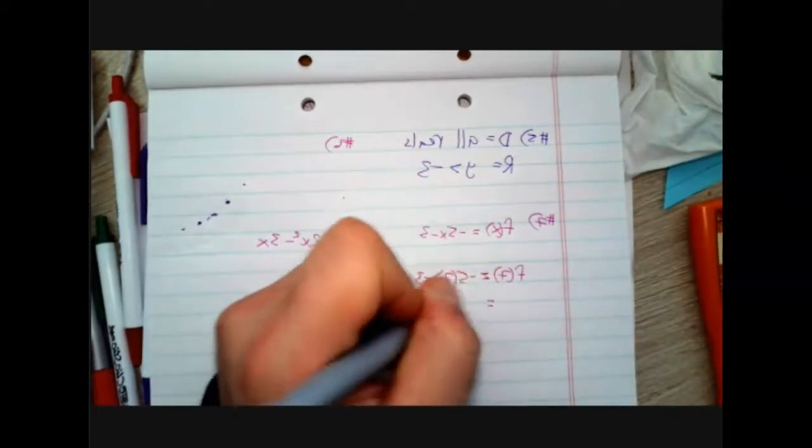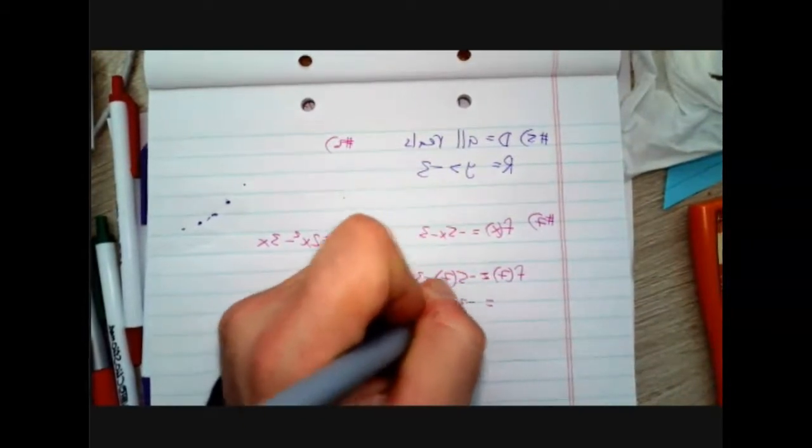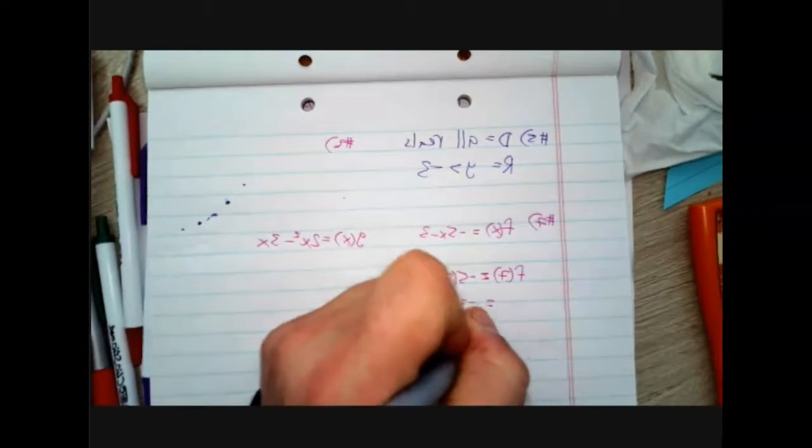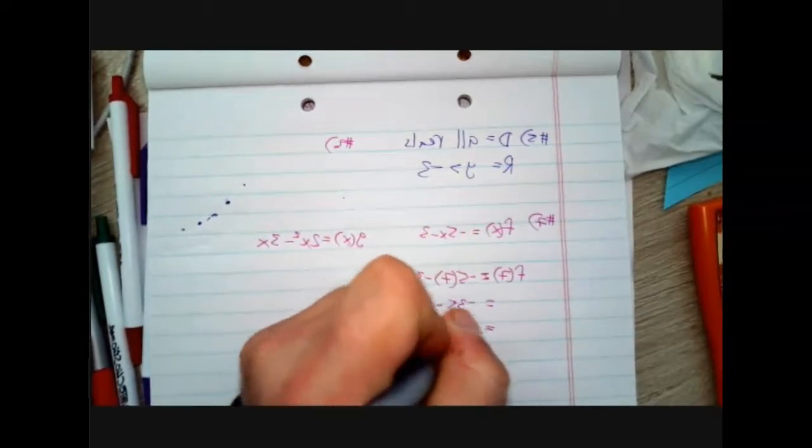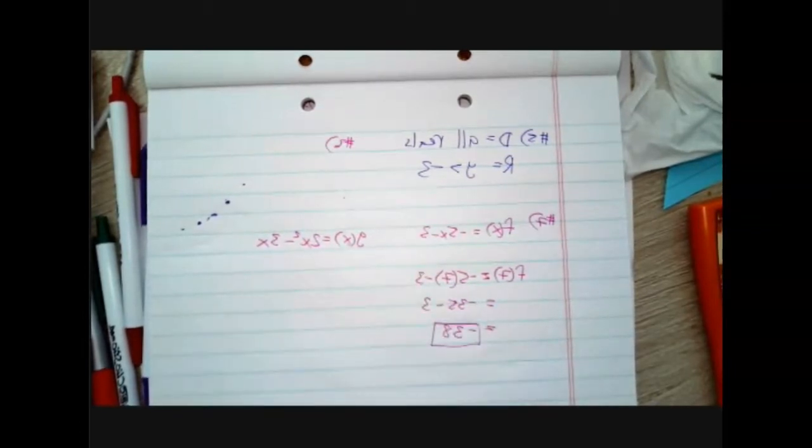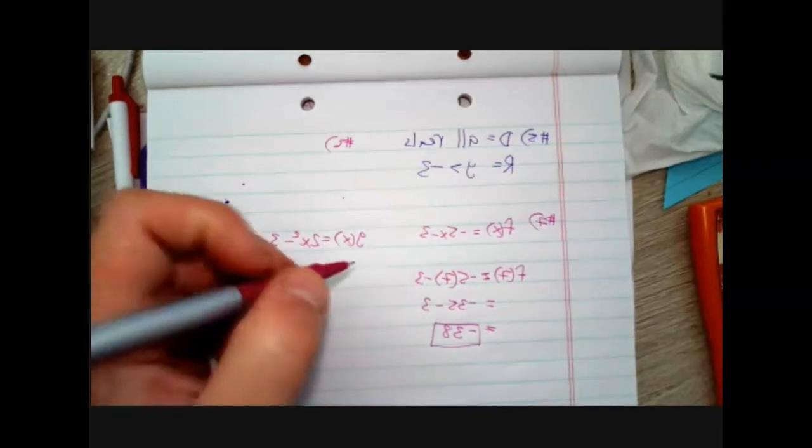So -5 times 7 is -35, and -35 minus 3 is -38. So when the input is 7, the output is -38.